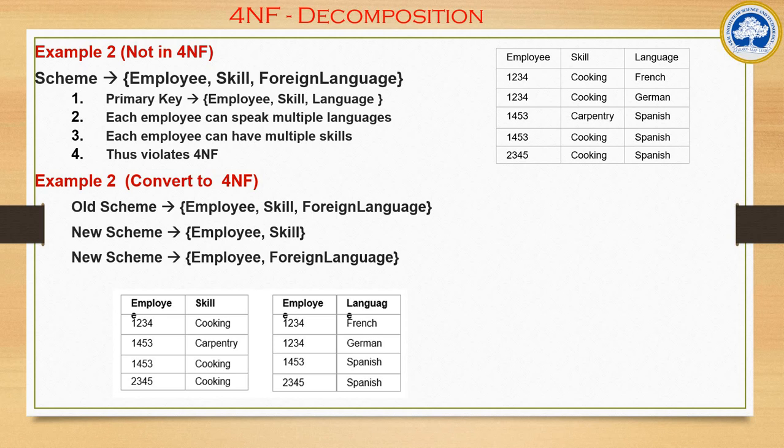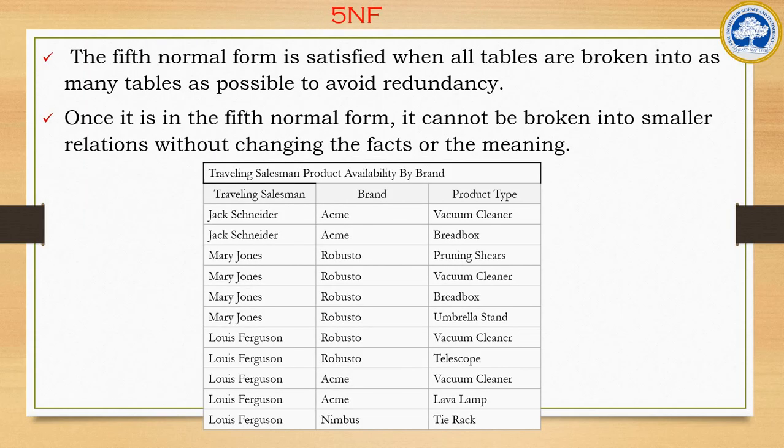So the next one, fifth normalization. Fifth normal form is satisfied when all the tables are broken into as many tables as possible, avoiding redundancy. That's it. We can't break them down any further, and up to that level we have to divide the tables. For example, here the three columns: traveling salesman, brand and product type. We divide as much as possible.